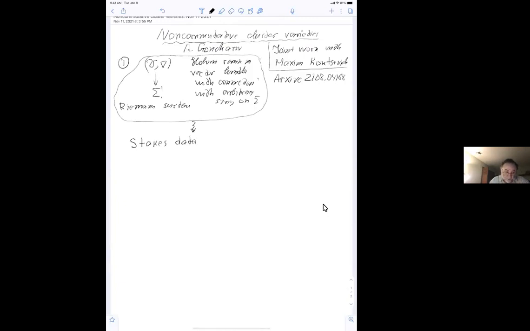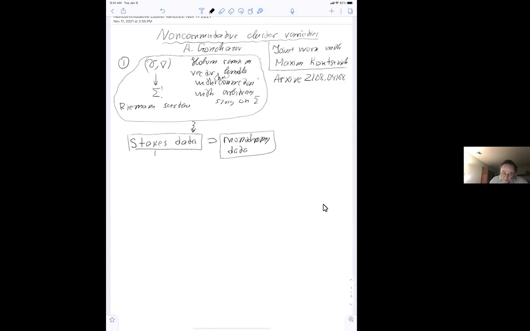I'm not going to define what Stokes data is, but in particular, it contains the monodromy data. I just call Stokes data the whole thing. And the monodromy data is just a local system underlying this holomorphic vector bundle with holomorphic connection.